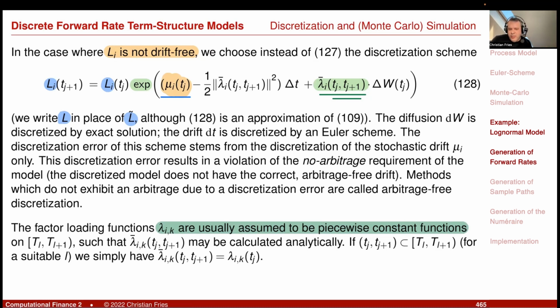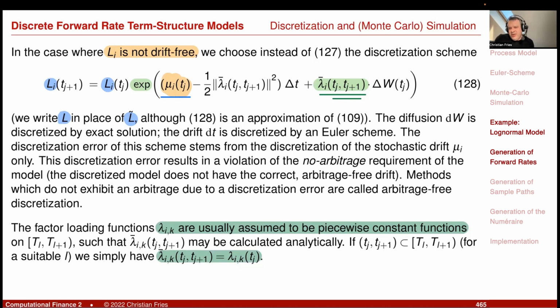This sounds like a brutal assumption. In that case, the lambda I bar, which is the average of the lambda I, is just equal to it, because your lambda I is piecewise constant on your time discretization step.